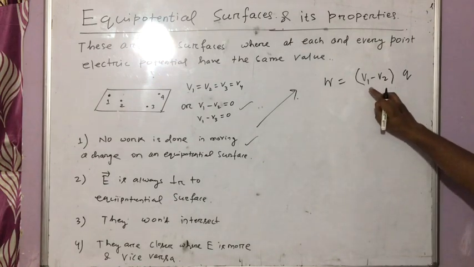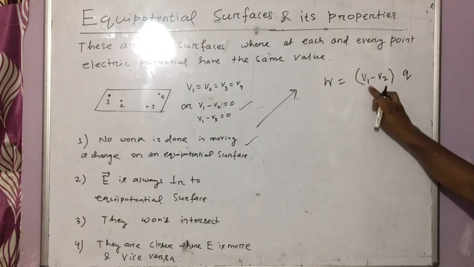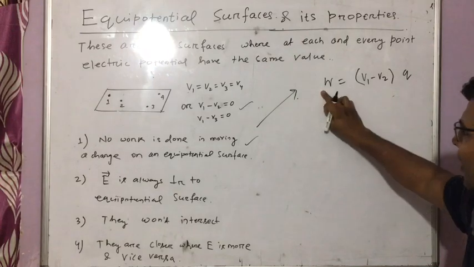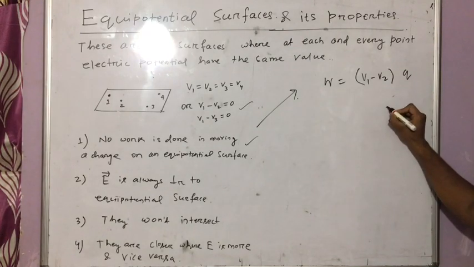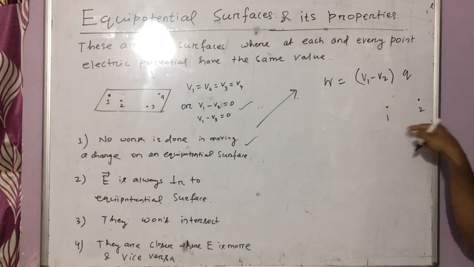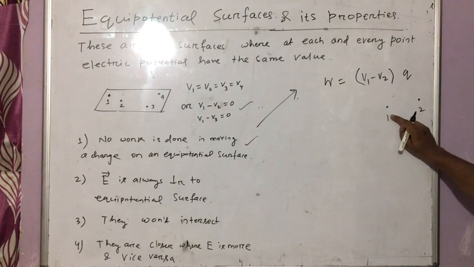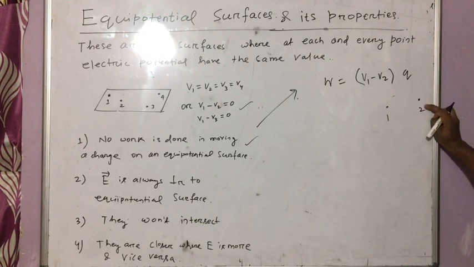Suppose you are taking a charge Q from point 2 to point 1. Suppose here it is point 1 and here it is point 2, and these 2 points are located on an equipotential surface. V1 is the potential at point 1, V2 is the potential at point 2.